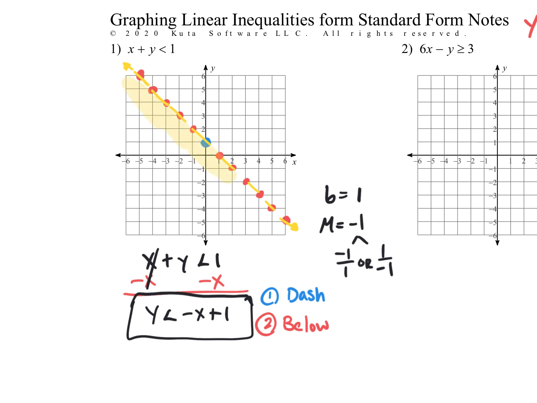So really, for the graphing portion, was anything different than what we've been doing the last 2 days? No. The only thing that is new is you are going to have to remember to move it around and make sure you get y by itself. Are we good with example 1?